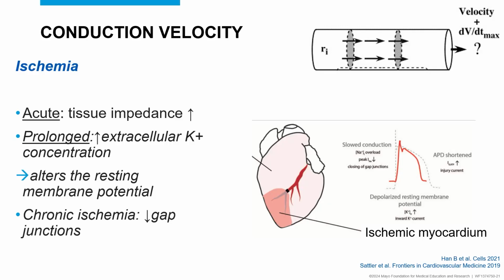The potassium extracellularly then rises, and it's going to change the resting membrane potential. It's going to make it more difficult for that cell to depolarize. So there is slower conduction in ischemic tissue. With chronic ischemia, also like in heart failure, connexin 43 and gap junction enrichment goes down.